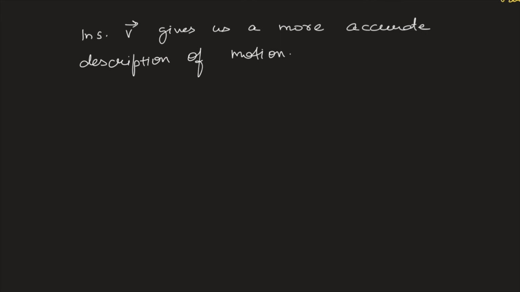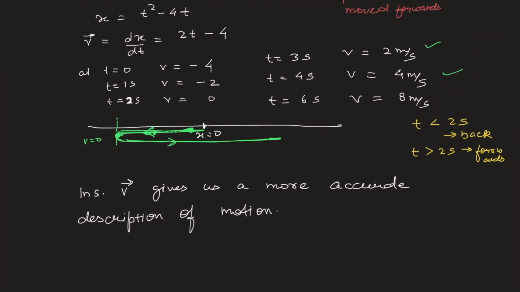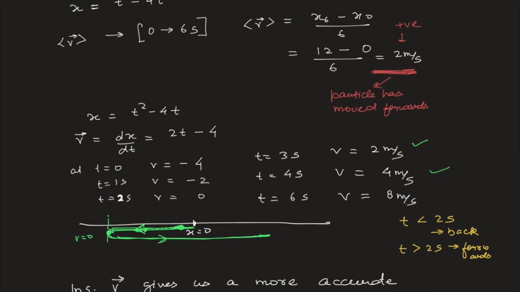Let me go back to it once more and explain this to you in fewer words this time. If you look at the average velocity, it just says it is +2 meter per second. That means the particle is moving forwards. But if you look at the instantaneous velocity, it tells you that at the beginning of the motion, its velocity is -4, so it is moving backwards. Its velocity is slowly reducing. At t equals 2 seconds, the velocity becomes equal to 0.